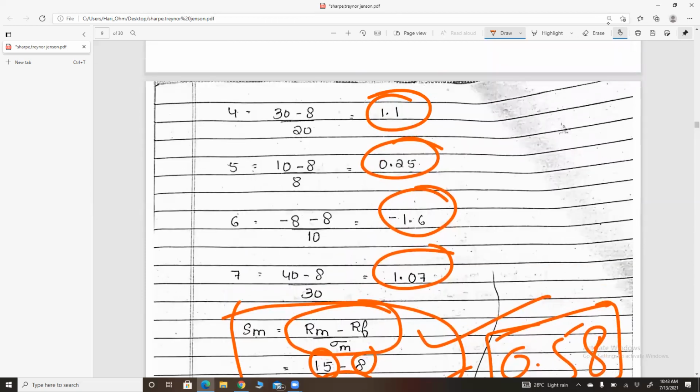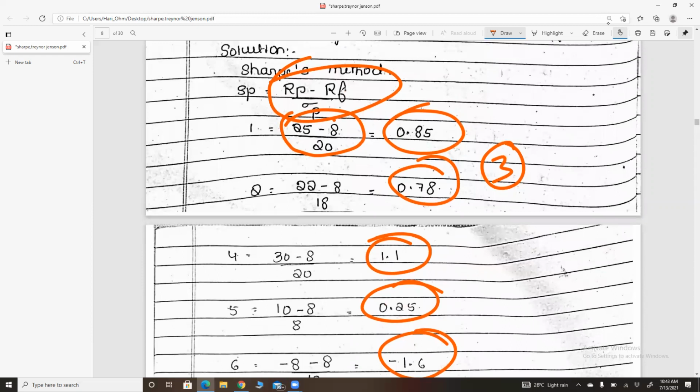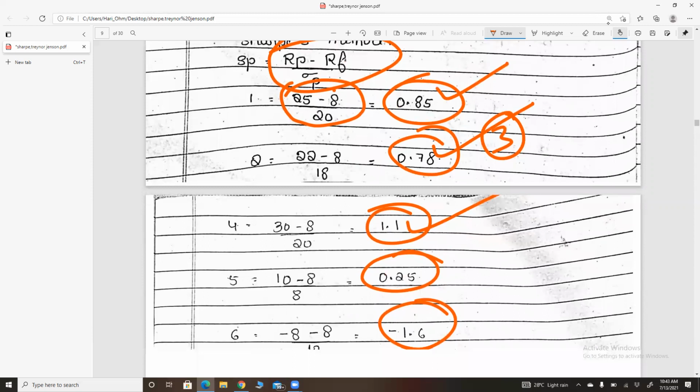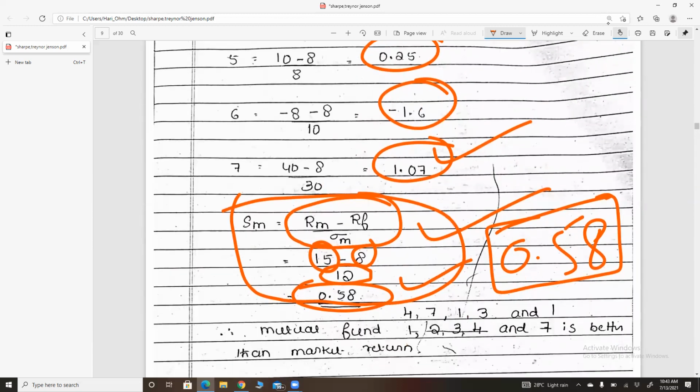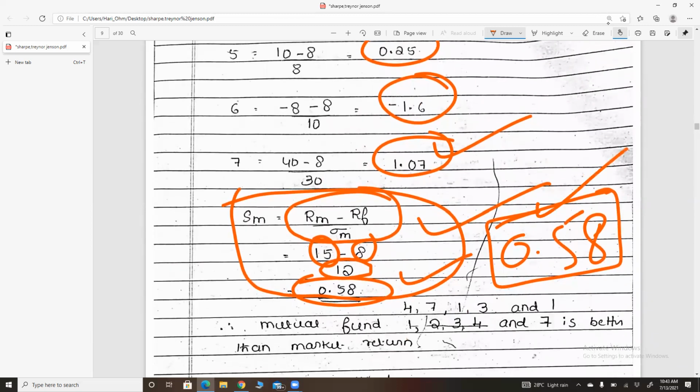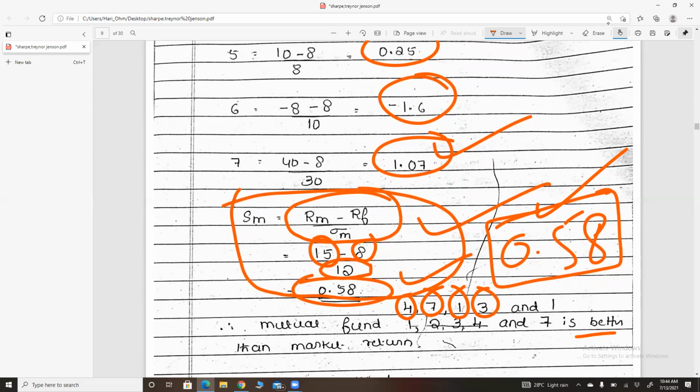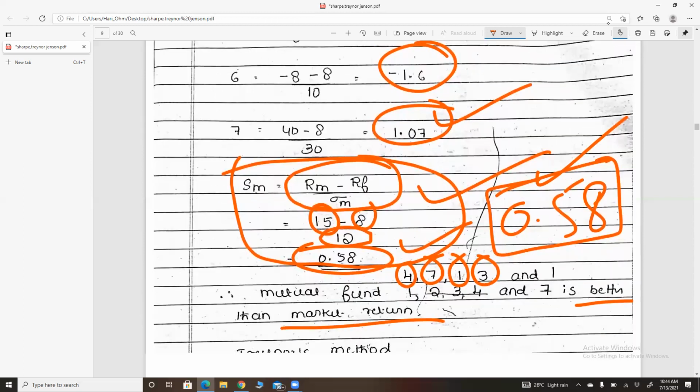Take for example, 0.85, 0.78, 1.1, then here 1.07. All these returns are more than 0.58. So for those mutual funds, that is 4, 7, 1, 3, these mutual fund returns are better than the market return. That you have to mention.